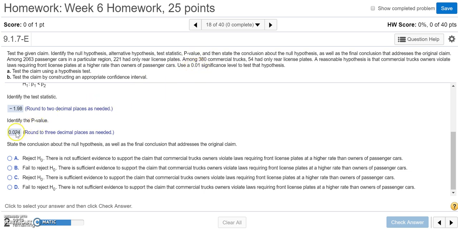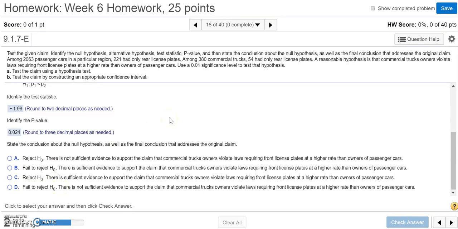When the p-value is greater than the significance level, you will fail to reject the null hypothesis H0. So that means it has to be either B or D, because those are the only ones that say fail to reject H0. Now the question is, did we support our claim or not?